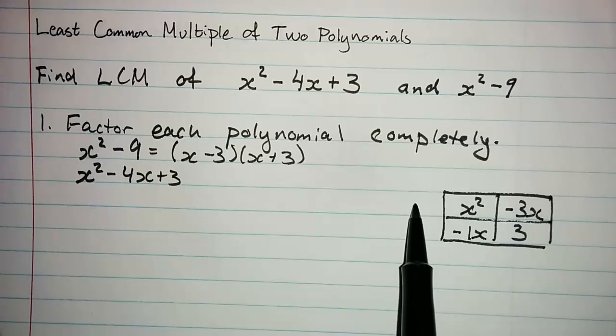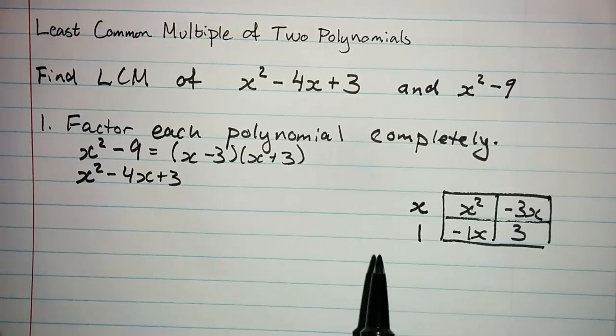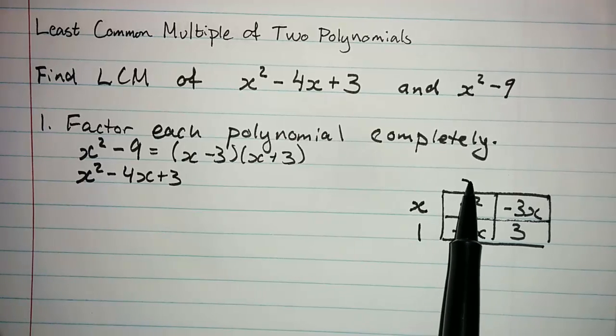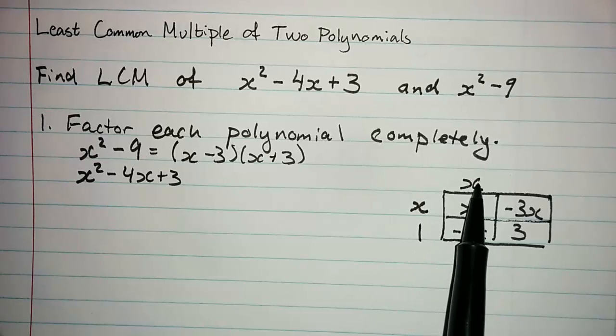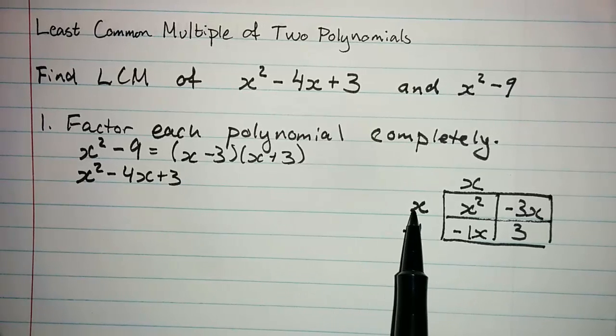Greatest common factor of this row is x, of this row is 1. X times what gives me x squared? X times x. Is x times 1 going to be negative 1x? No, this is going to have to be a negative 1.